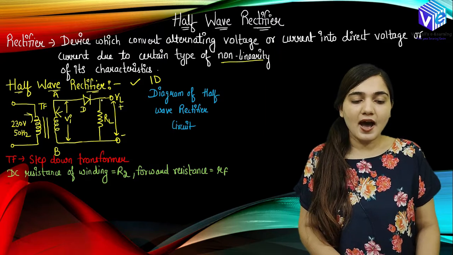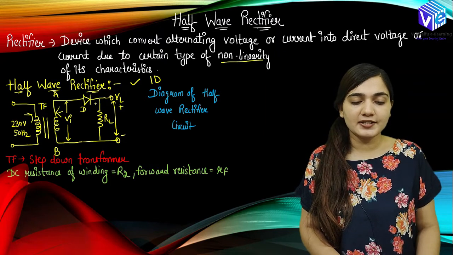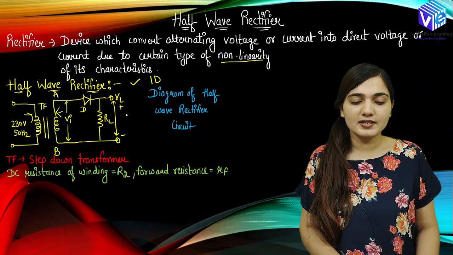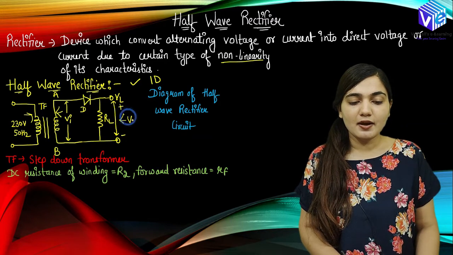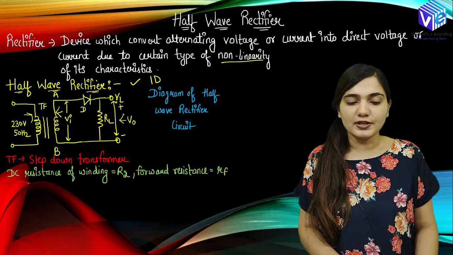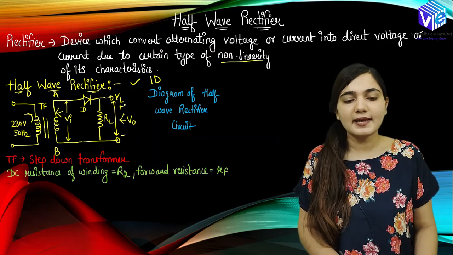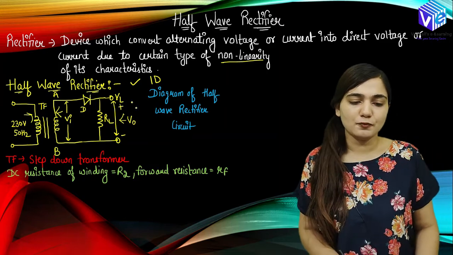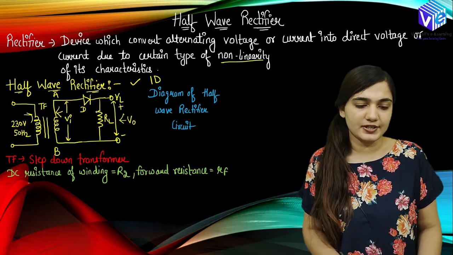After the diode, I have connected RL, the load resistance, and from the load resistance I will calculate the V out, the output voltage, or we can say VL, the load voltage. You can call it either, as you like.